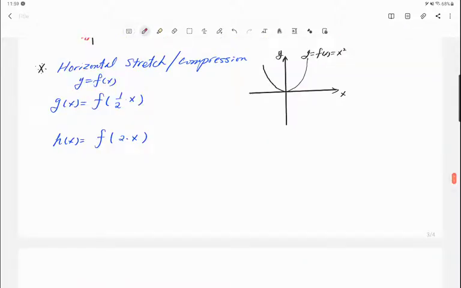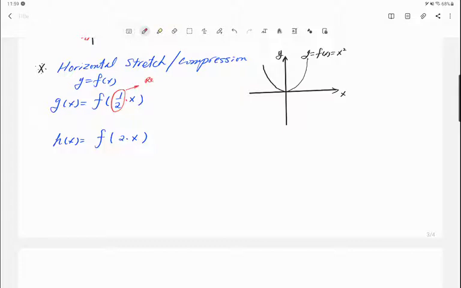Okay, now the last concept is the horizontal stretch and compression by a factor of some number. Horizontal stretch and compression is related to x. So we will change the x. So if x is multiplied by some number, 1 over 2, what's the reciprocal?